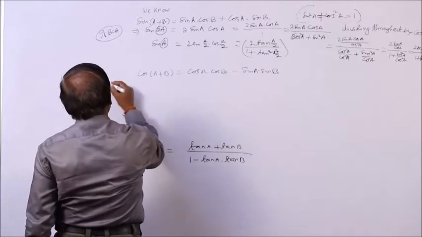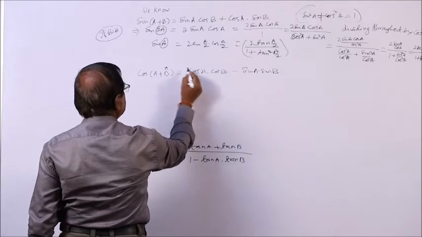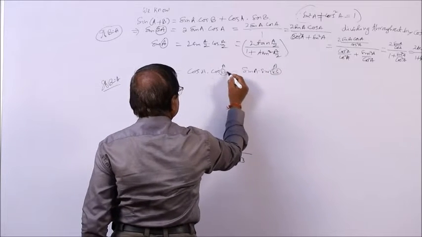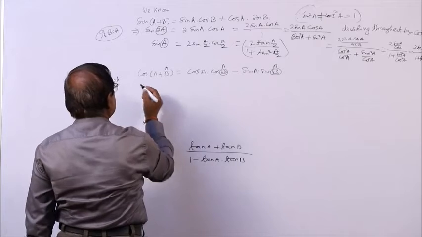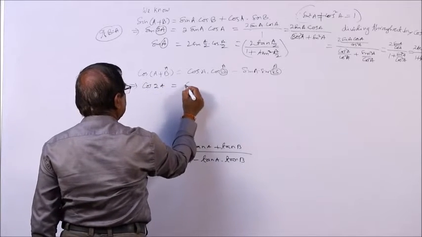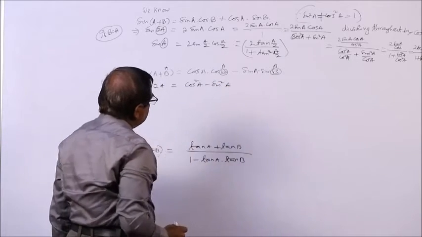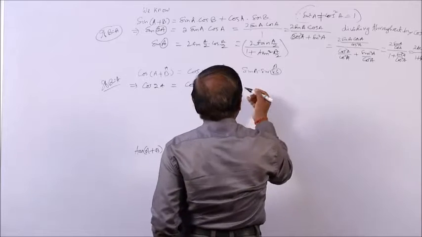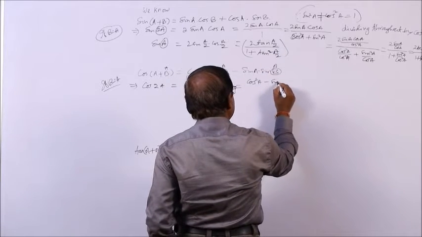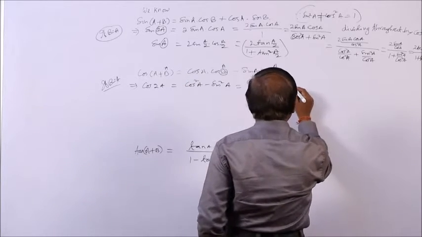Similarly, if here B is equal to A, B is replaced as A. What will happen? That implies cos 2A is equal to cos square A minus sin square A. That is the same thing as cos square A minus sin square A by 1, because dividing by 1 is meaningless.